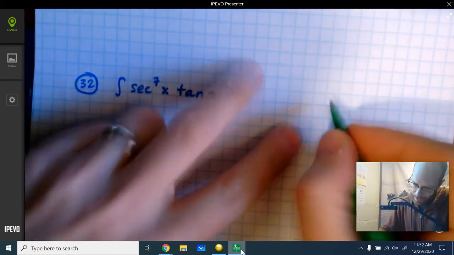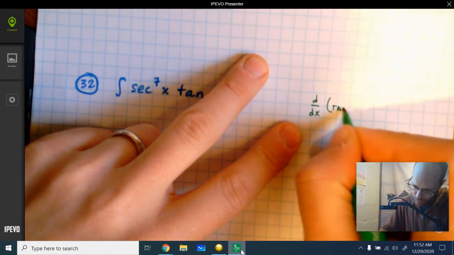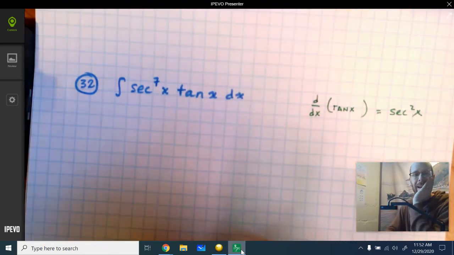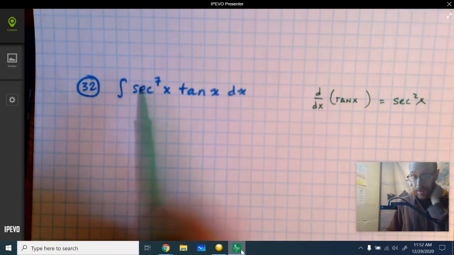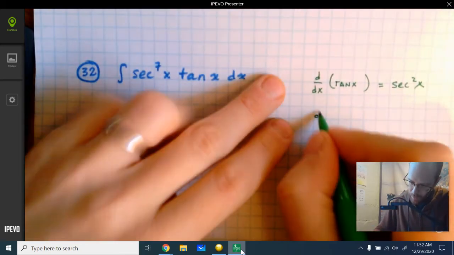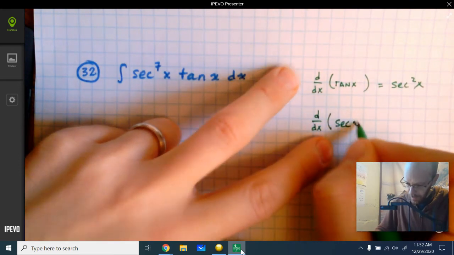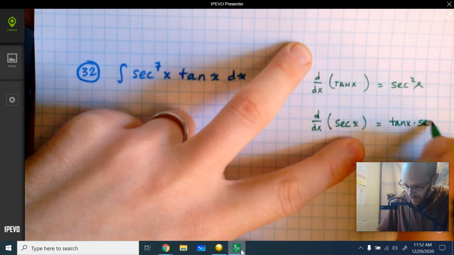Now, I know that the derivative of tangent is equal to secant squared of x. And that's probably not going to be helpful because this is secant to the seventh, right? So another way that we could think of this is that the derivative of secant is equal to tangent times secant.